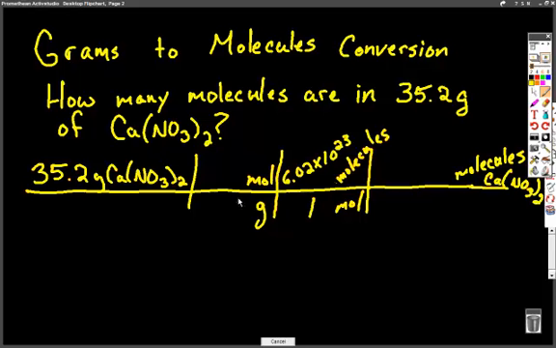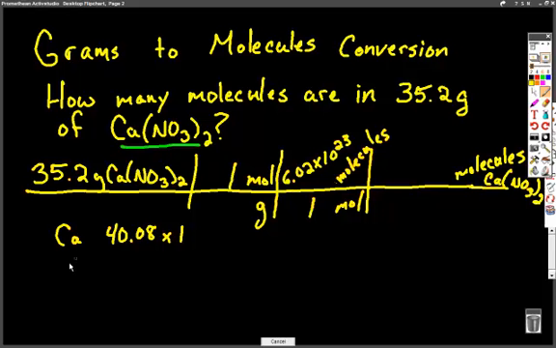Now over here we know that we want 1 mole, and then it's a matter of coming up with the molar mass of our formula, Ca(NO3)2. So we have to do a little work down below here. If we look up calcium on the periodic table, calcium has a mass of 40.08, and there's 1 of those.